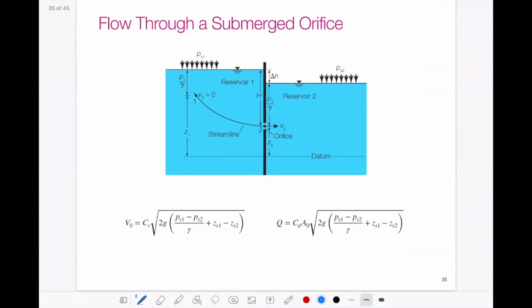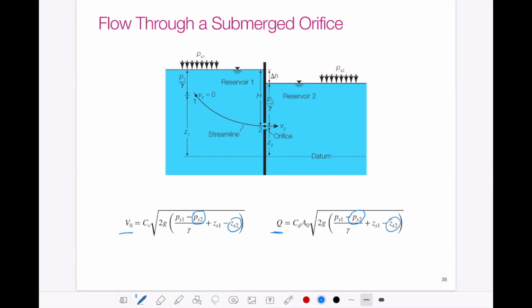If we look at the equations for flow through a submerged orifice, we can rearrange our equations for velocity and flow rate using the exact same equations as before. The only thing that's changing now is the pressure on the other side of the orifice and the Z height of the other side of the orifice.